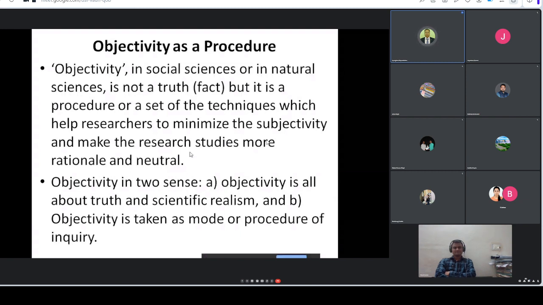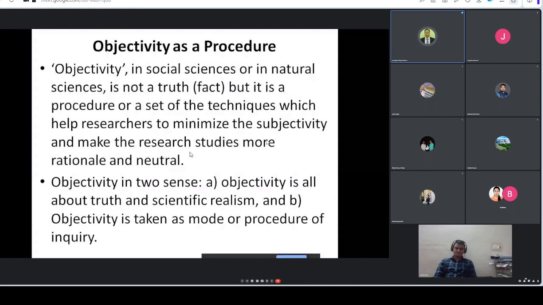As a result, the idea of post-behavioralism comes in. So what I'm trying to say is, we can understand objectivity from two perspectives. The first is that objectivity is all about truth and scientific realism. Secondly, objectivity is taken as a mode or procedure of inquiry. So these two perspectives we have to remember when we talk about objectivity.